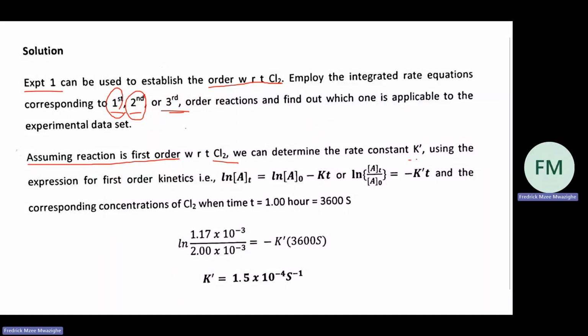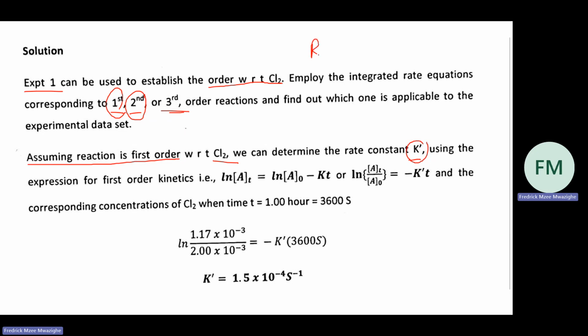That is K prime, using the first order kinetics. One thing I need to mention here: this is written K prime because it is the corrected constant. Remember, here we have isolated chlorine.